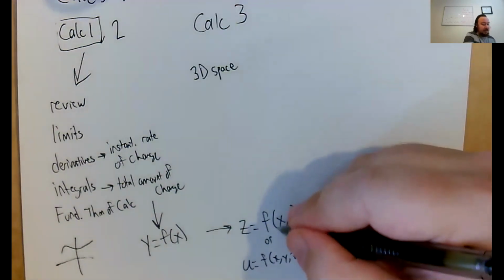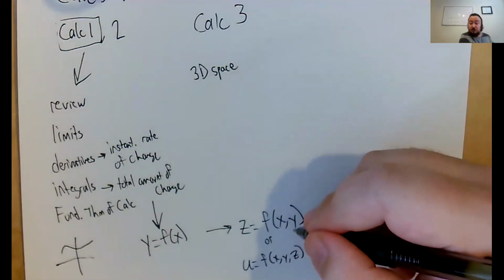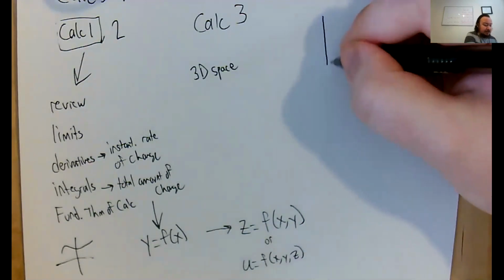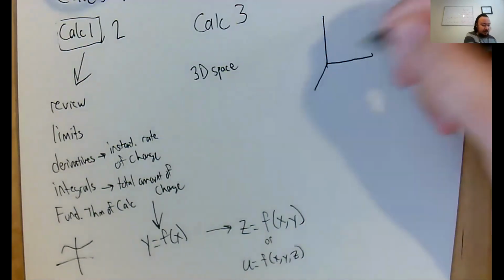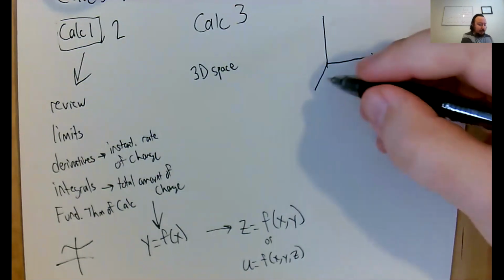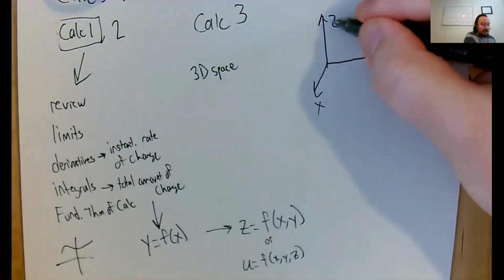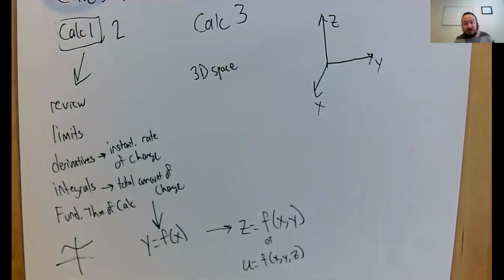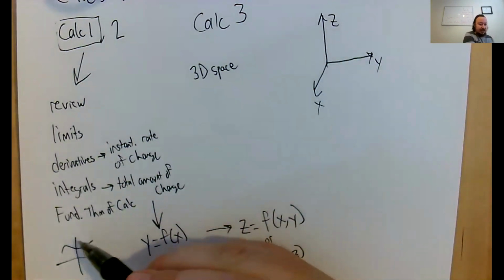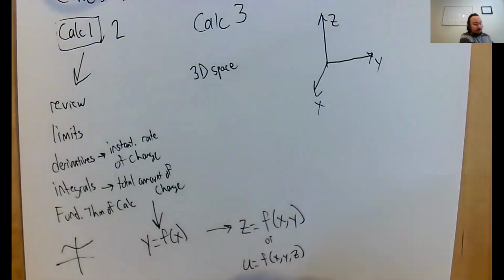In Calculus 3, when we have two independent variables and one dependent, we're going to have to do things in three-dimensional space, which I'm going to talk about in a second once I'm finished here. That's going to be a little bit different, and I imagine most of you probably haven't seen that in high school before. So we're definitely going to not quite review it, but we're going to go over it. But you'll see a lot in common with this as with the normal XY plane.